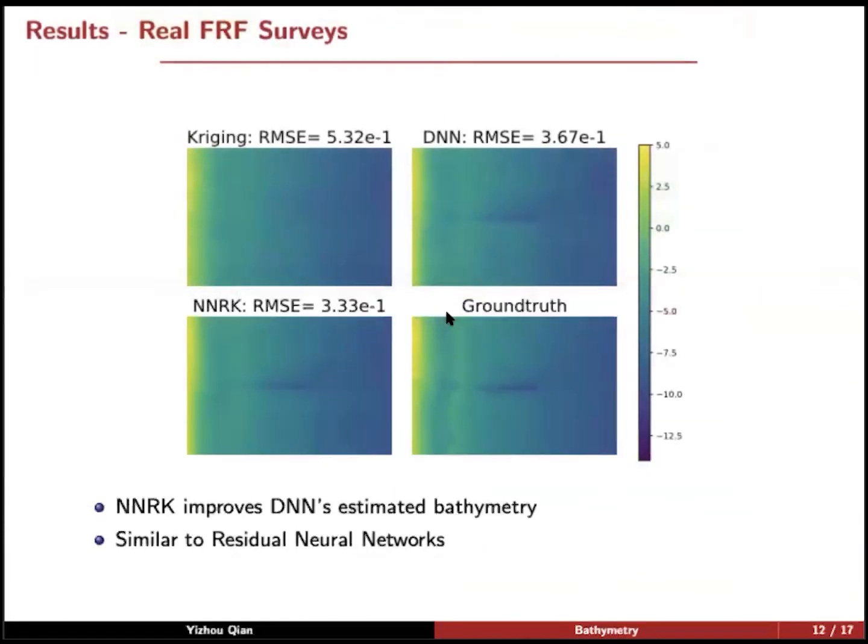Okay, thank you. Can I ask you, this is Matthew, real quick. Can you remind me, did you apply the NNRK to the sharp gradient problem or just the real bathymetry? When we use Kriging to estimate the residual, it also has this kind of smooth transition problem.